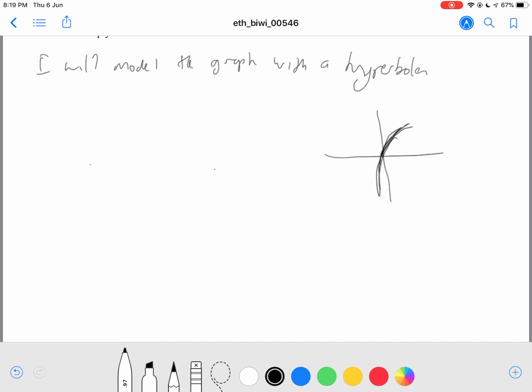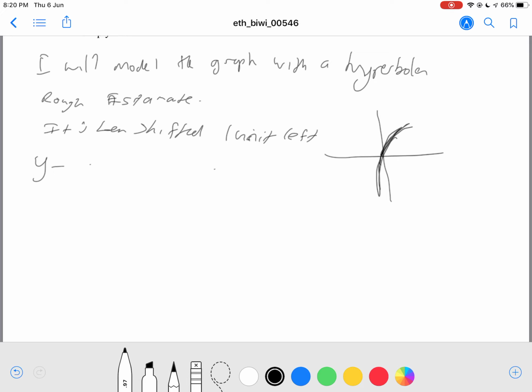We're just going to take a rough estimate of the intercept of the vertical asymptote. We'll say that it's been shifted 1 unit left.